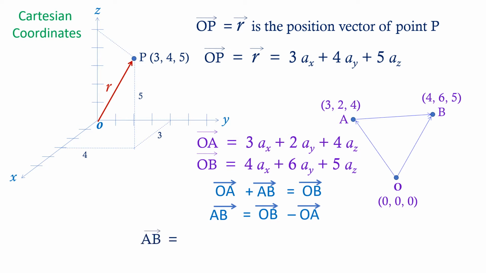From this, we can write the distance vector AB bar from A to B as the B coordinate minus the A coordinate: 4 minus 3 ax, 6 minus 2 ay, plus 5 minus 4 az.